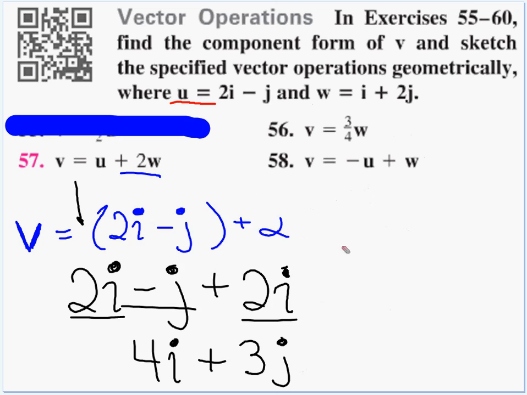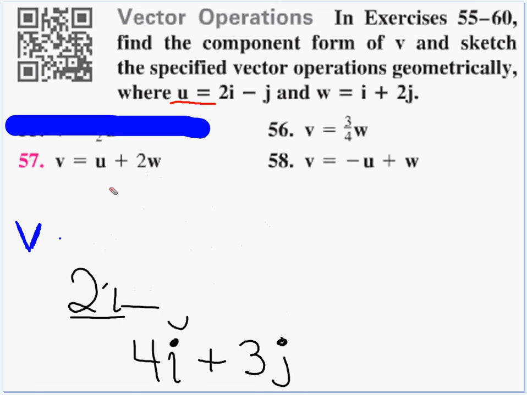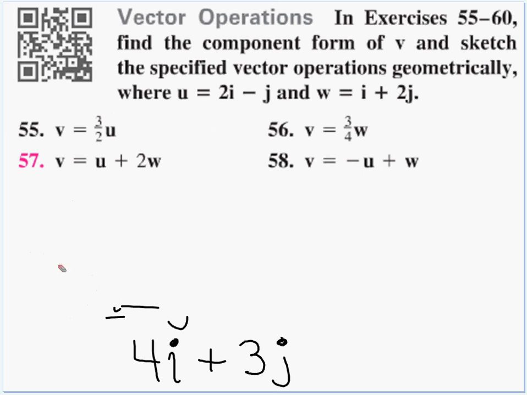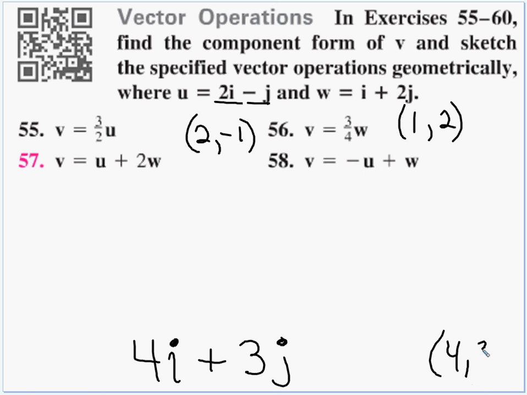Let's see if I can come up with a sketch on that. Let's even do it like this. This one here is 2 comma negative 1. This one here will be 1 comma 2. And our answer point here would be 4 comma 3.